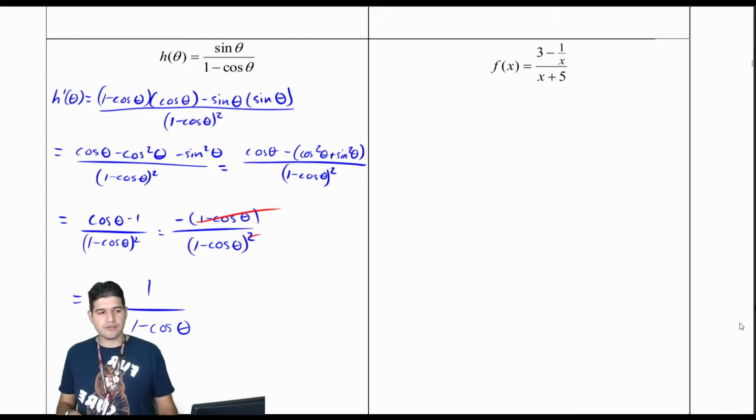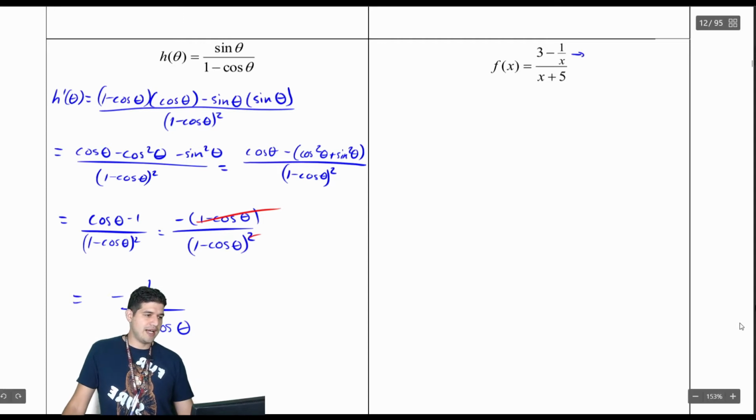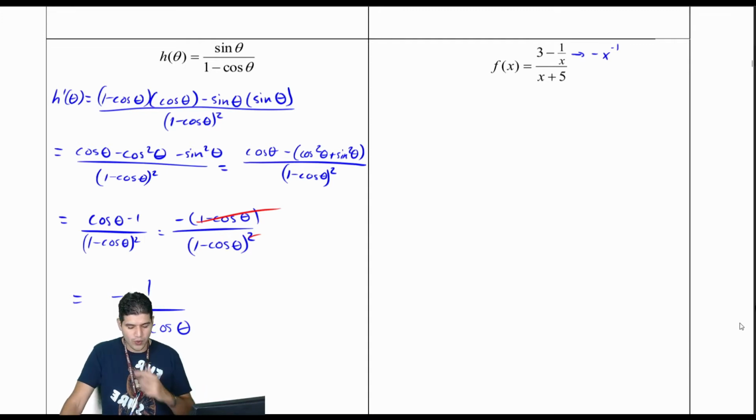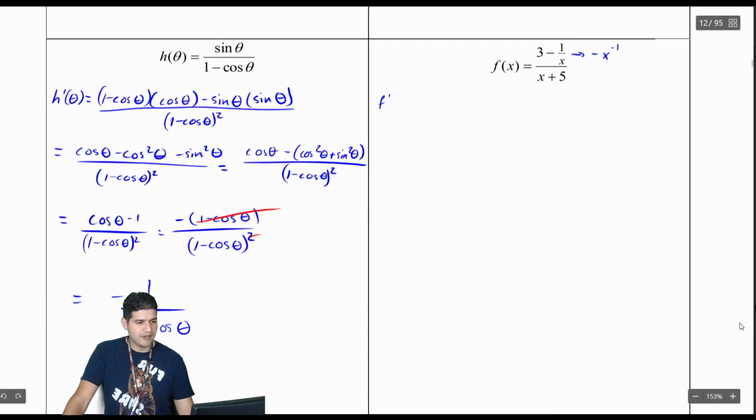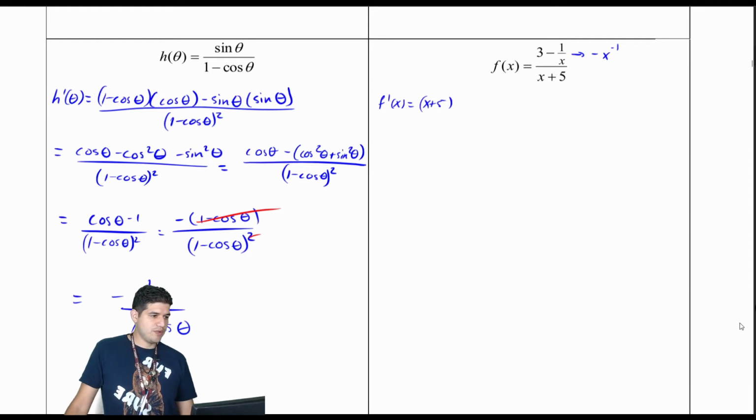All right, let's go over to the right side where we have another problem. And before I even get into it, I'm going to rewrite this as a negative x to the negative first power. And that's going to be really helpful as I move forward. So if I find this derivative, f prime of x equals x plus 5, and then the derivative of the numerator, so 3 is a constant, so bring that one down.